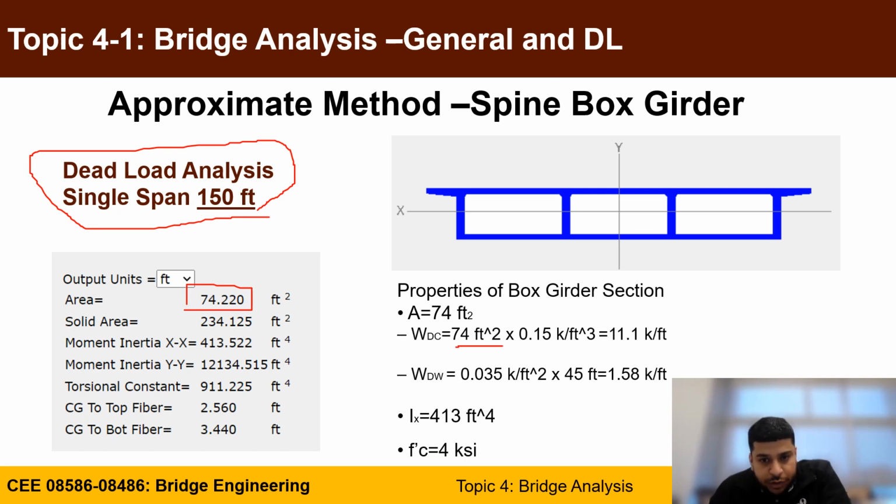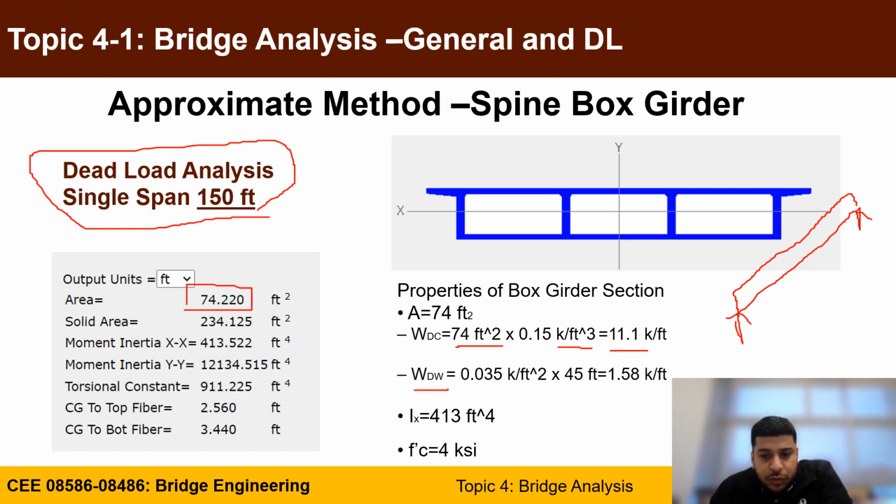The unit weight of concrete is 0.15 kip per cubic foot, which now gives you 11.1 kip per foot. You multiply the unit weight of concrete times the cross section of your section, and it gets you the uniform load along the direction of the bridge, because you multiplied it by the cross section.